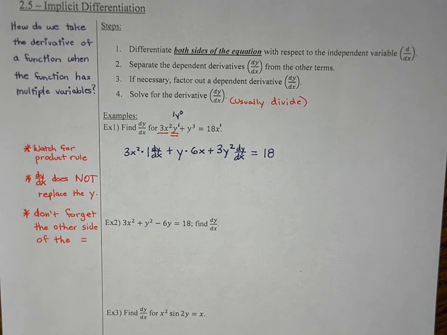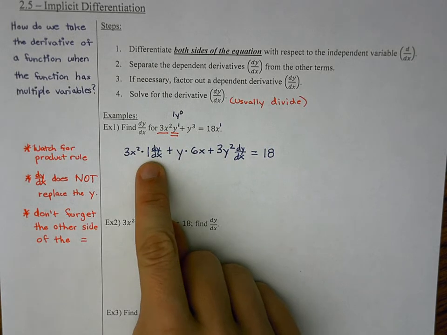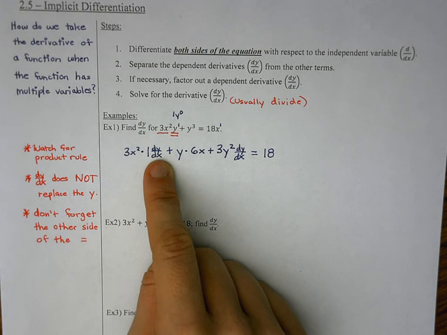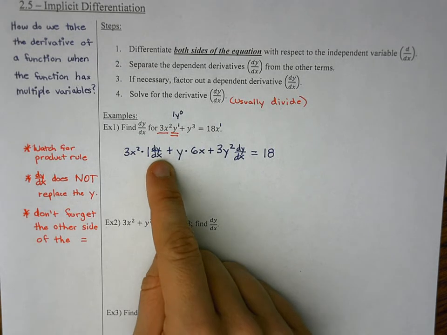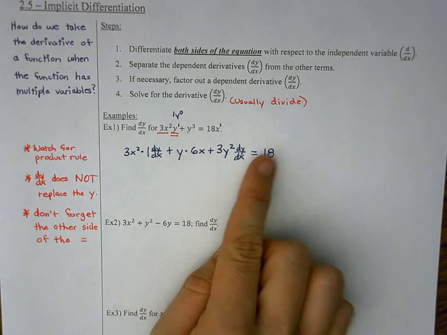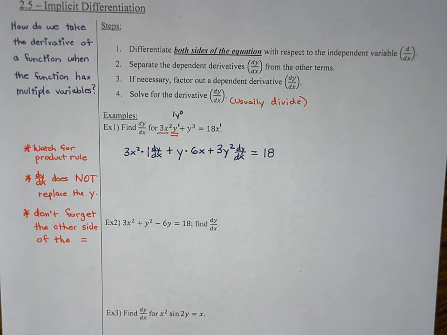We've always taken the derivative of both sides. Right? It's just one side has always been very straightforward. Y became dy dx because derivative of y is 1 and I took the derivative of y, so I acknowledge it with a dy dx, stating I have taken the derivative. Right? Like that. Again, we've always taken the derivative of both sides, but with implicit differentiation, I sometimes see students who forget the other side of the equals.